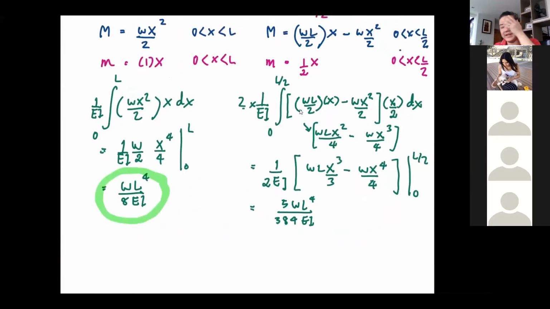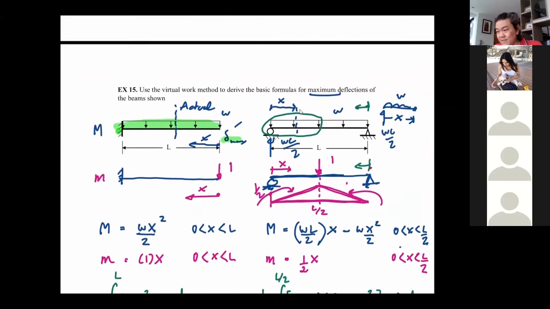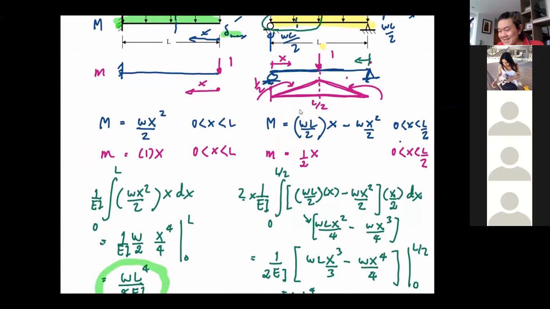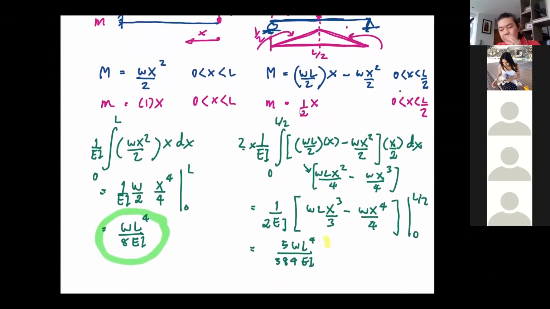We used to calculate the displacement for the mid-span deflection of this beam, right? But that one has a length L. So we now know that the displacement is 5WL to the power 4 over 384 EI. So I am going to use the same knowledge here.